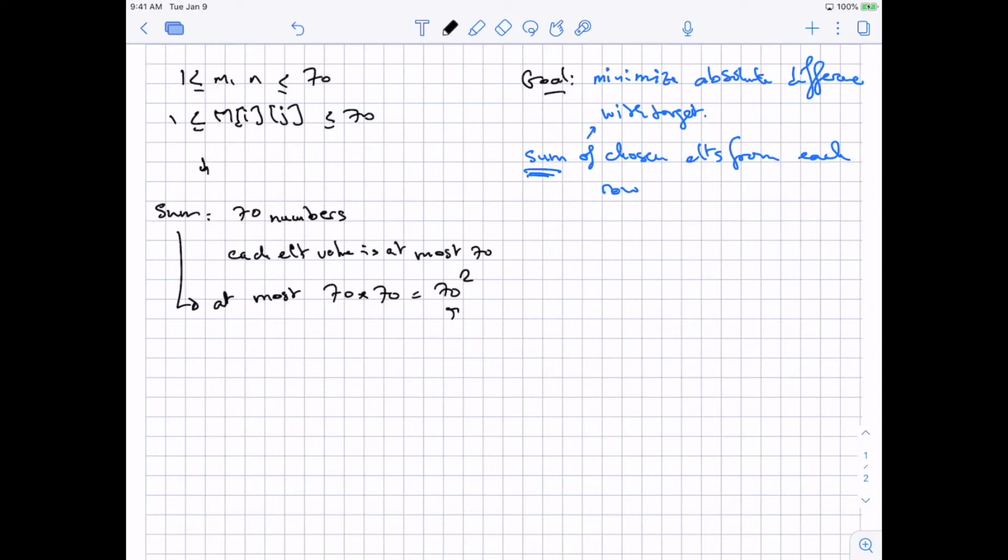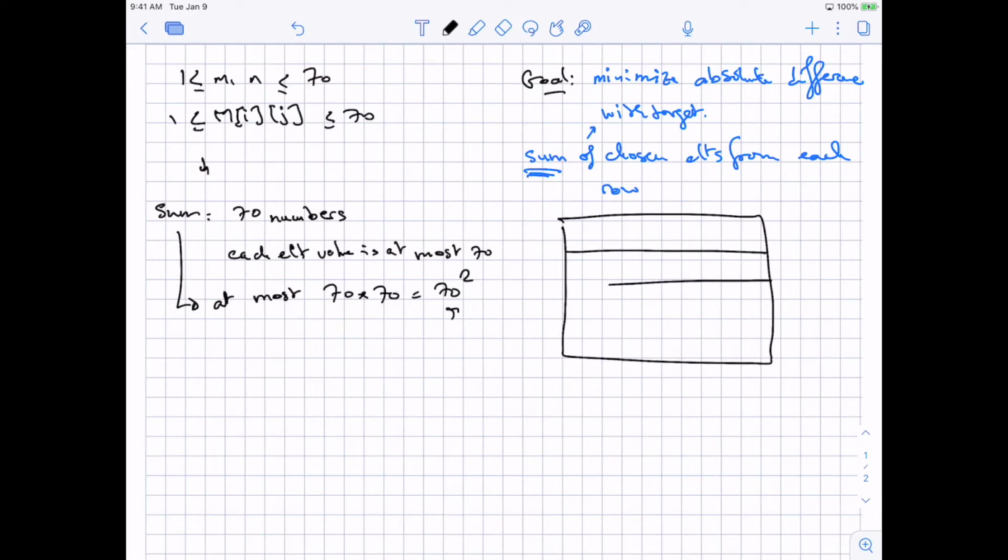If we do a brute force and iterate over everything and keep the intermediary sums, then at each row position I can keep a set of all the sums so far. What I mean by all sums so far is, let's say, the sum of picking the first element from the first row and the first element from the second, and so on.